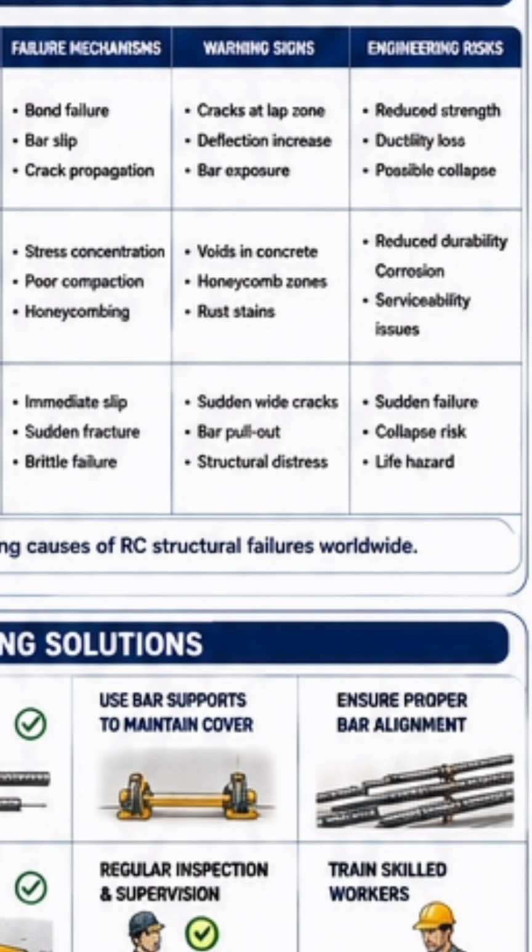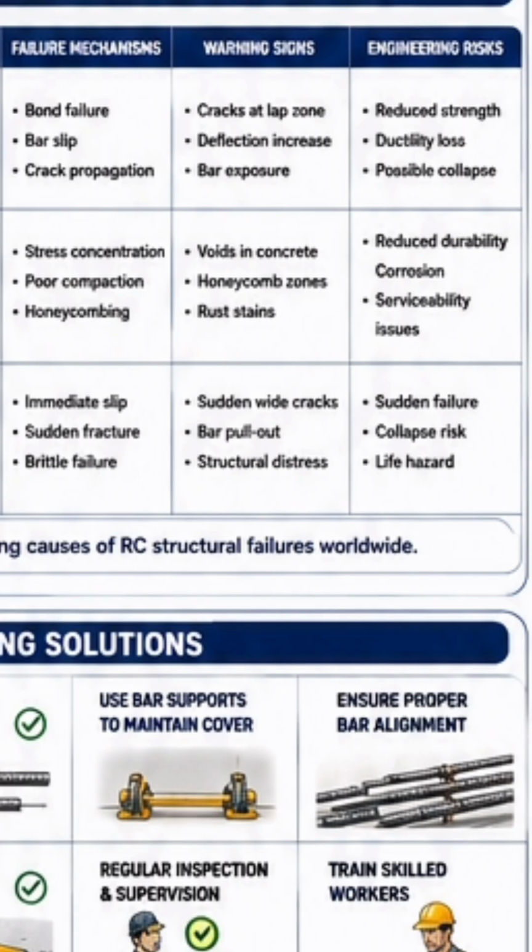Then you can have crack propagation. So all these are failure mechanisms. The other thing is stress concentration, because the area where the overlapping occurs, you tend to have stress concentration.